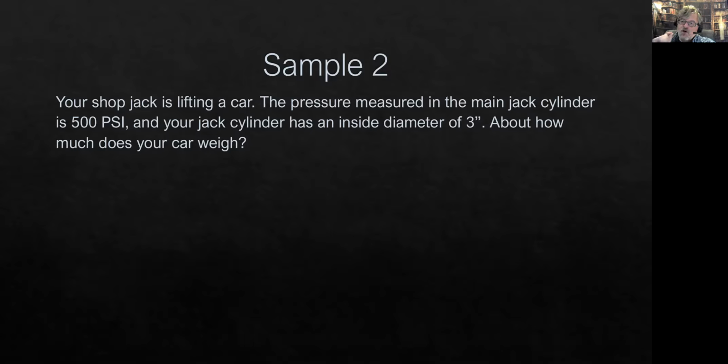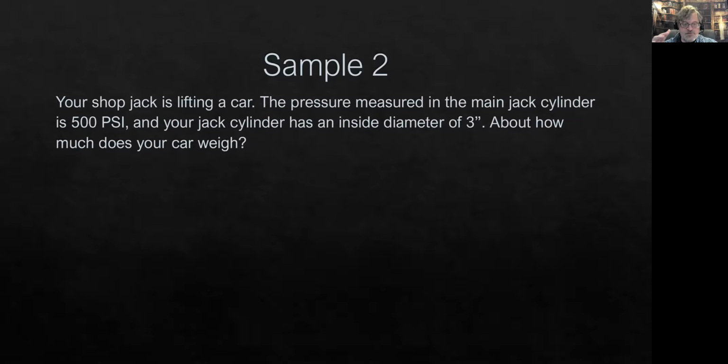About how much does your car weigh? Weight might be a tricky one for you. Weight is always the force downward created by gravity. So we always measure weight in pounds. In our English world, it will be kilograms in the UK or Europe. But here in the United States, we use pounds.